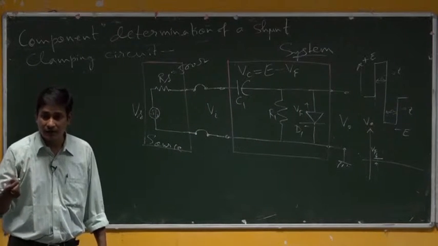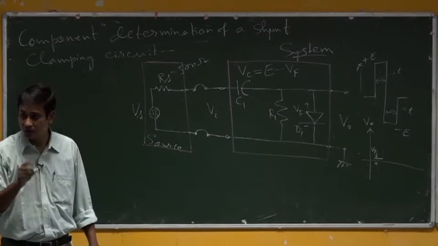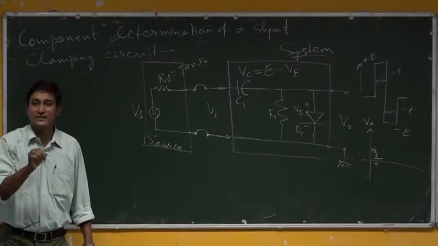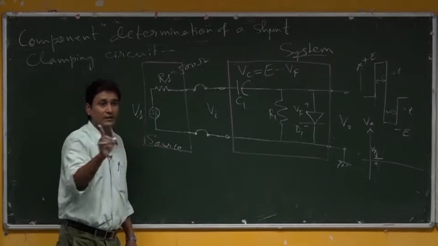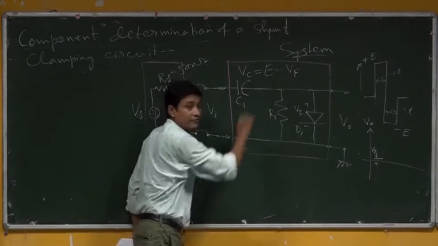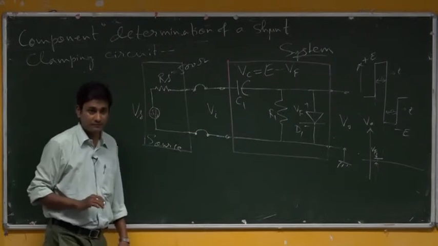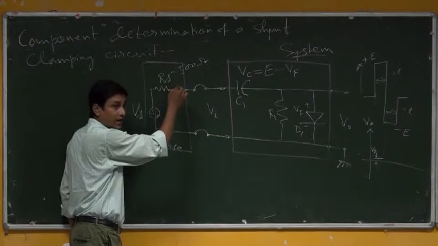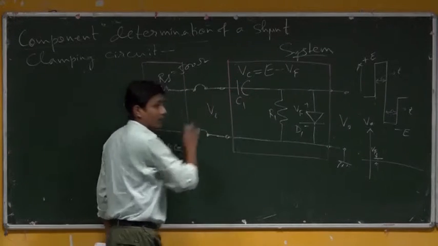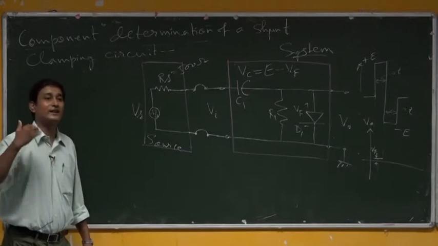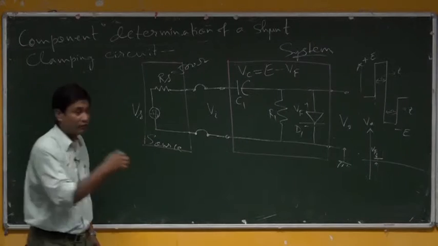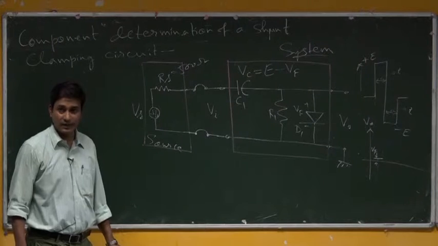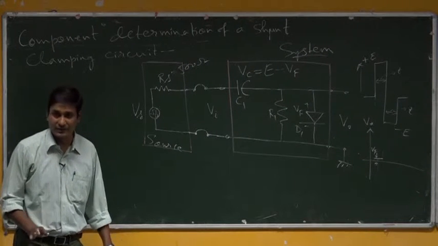But in between, before it settles to E minus Vf, if you measure the voltage across the capacitor, it will not give you E minus Vf but less than that. So this is the effect of Rs, and the combination of Rs and C1 decides at what time you will get your actual voltage E minus Vf across the capacitor. That way the charging time constant comes into the picture.